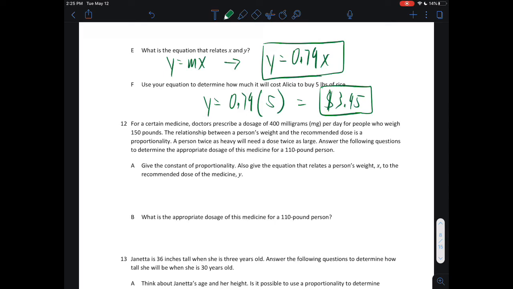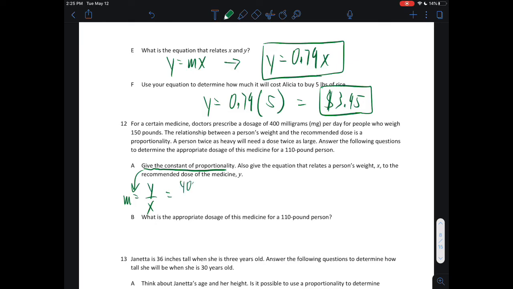First, part A. Give the constant of proportionality. Also give the equation that relates a person's weight, x, to the recommended dose of the medicine, y. So remember, constant of proportionality, that's what m is. So here you would want to think the output would be how many milligrams does a person get? And the input depends on how much the person weighs.